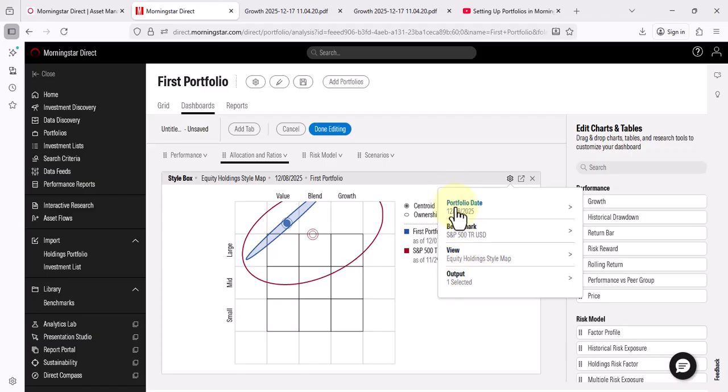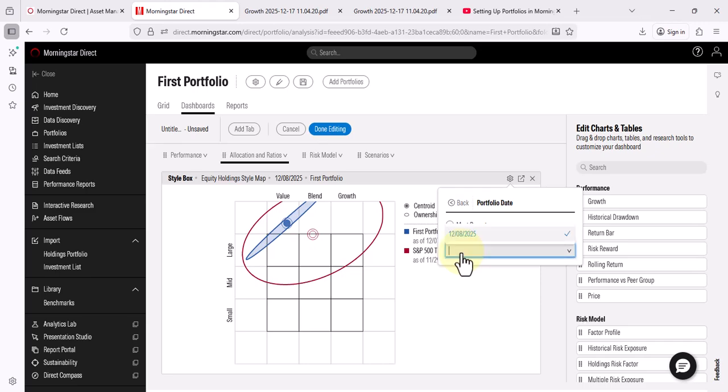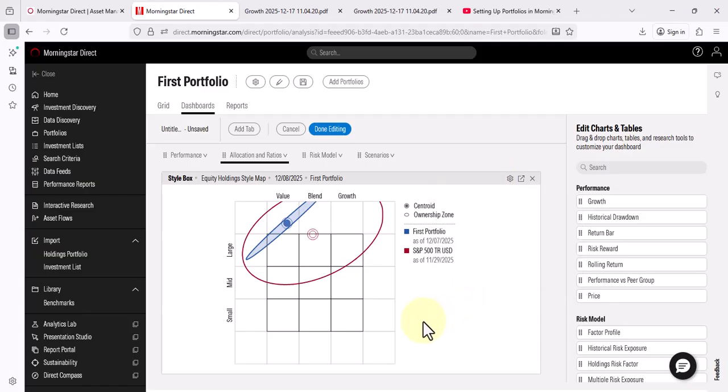Really not much else here to change. We can look at the historical portfolio. If I want to change the date here and put 12/5/2015, nothing's there because I don't have any difference in my portfolio on that date.